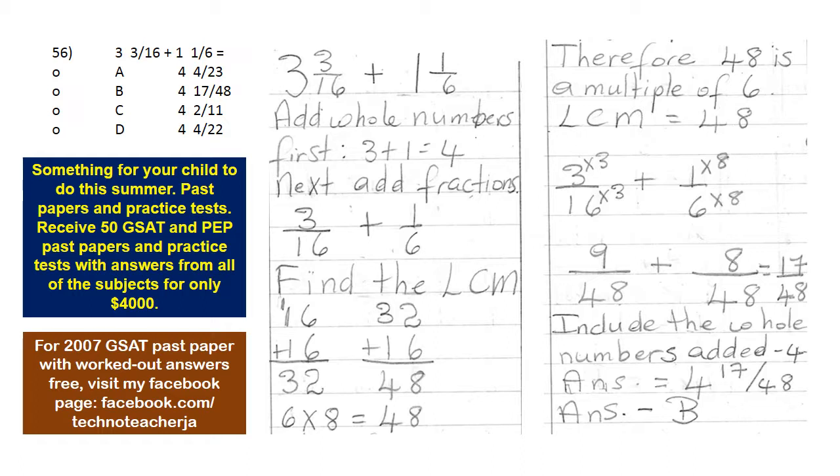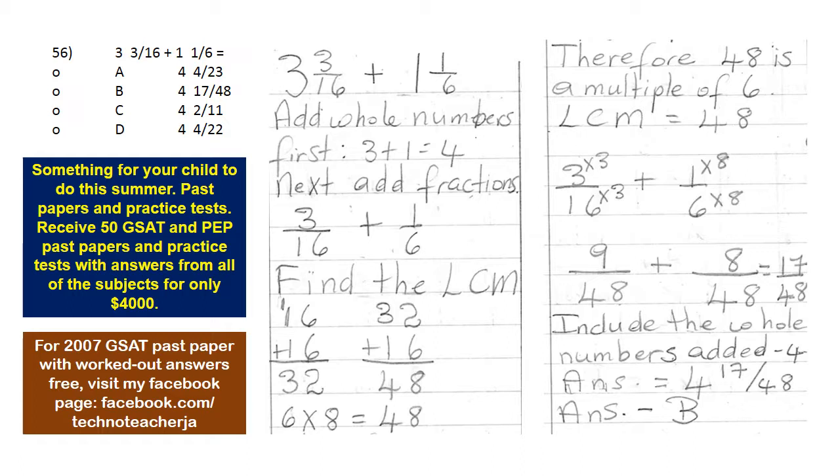Next, turn the fractions into equivalent fractions with the denominator of 48. 3 over 16 plus 1 over 6. 16 times 3 is equal to 48, so 3 times 3 is equal to 9. 1 over 6. 6 times 8 is equal to 48, so 1 times 8 is equal to 8, giving 8 over 48. 9 over 48 plus 8 over 48 is equal to 17 over 48.